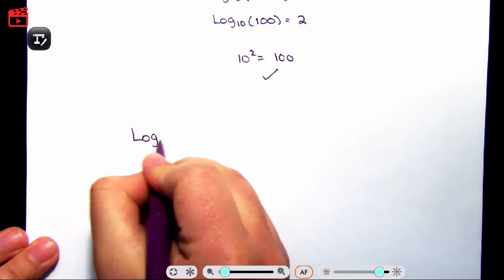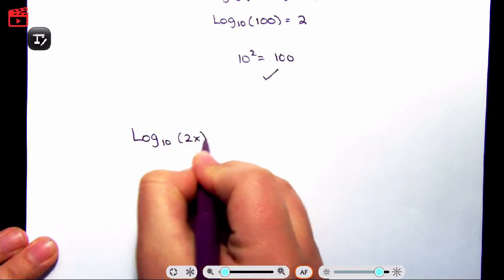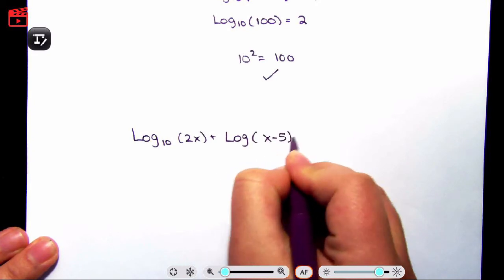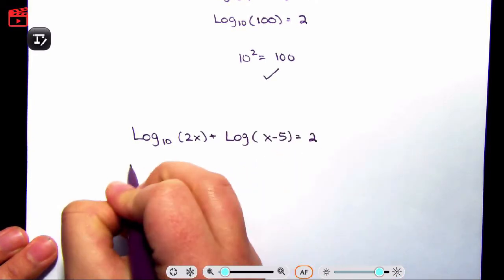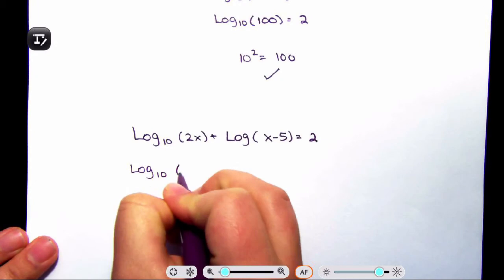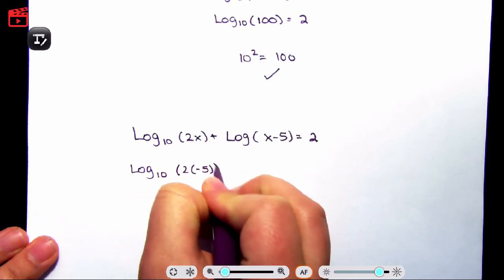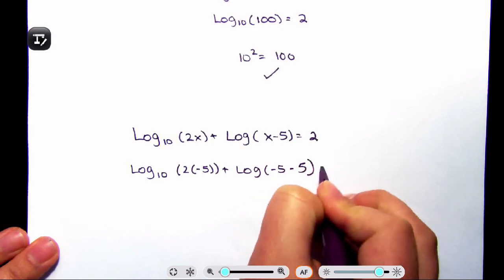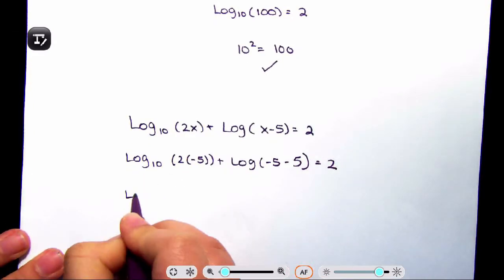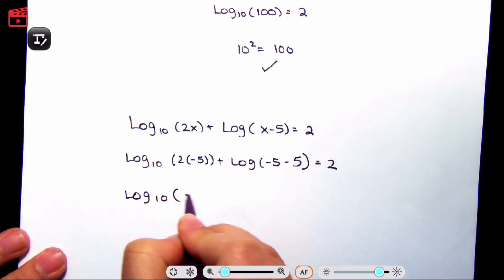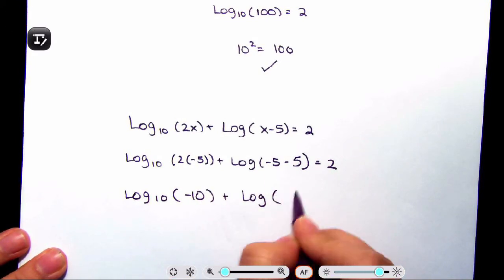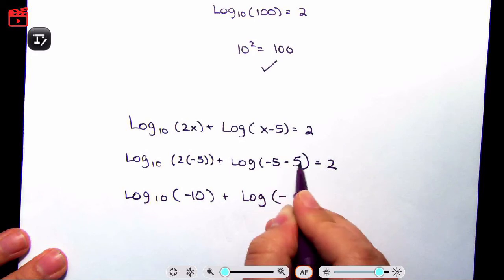Double checking the other one, let's write out our original. I have log base 10 of 2x plus log base 10 of x minus 5 is equal to 2. Plugging in negative 5. Log base 10 of negative 10 plus log base 10 of negative 5 minus 5, negative 10.